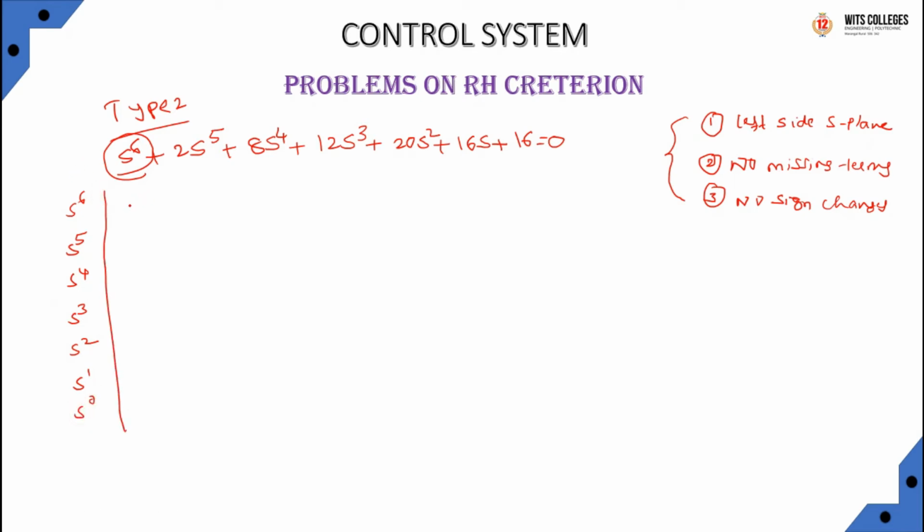Here s power 6 row has the even coefficients, that is 1, 8, 20 and 16.